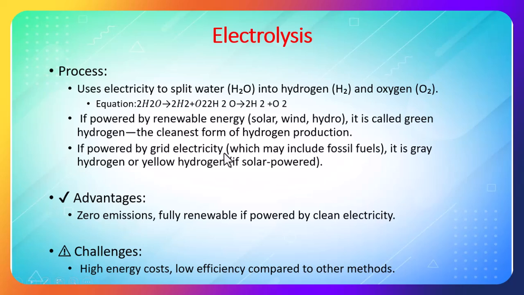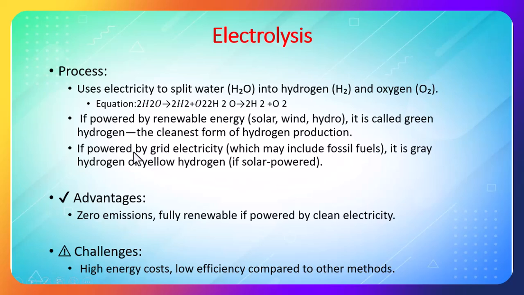So the electricity used to generate hydrogen has induced some pollution to this earth, and we call it gray or yellow. Whereas if that power is taken from solar or wind, that doesn't pollute the earth, so we call it green hydrogen. So these are the two types of hydrogen based upon the color.